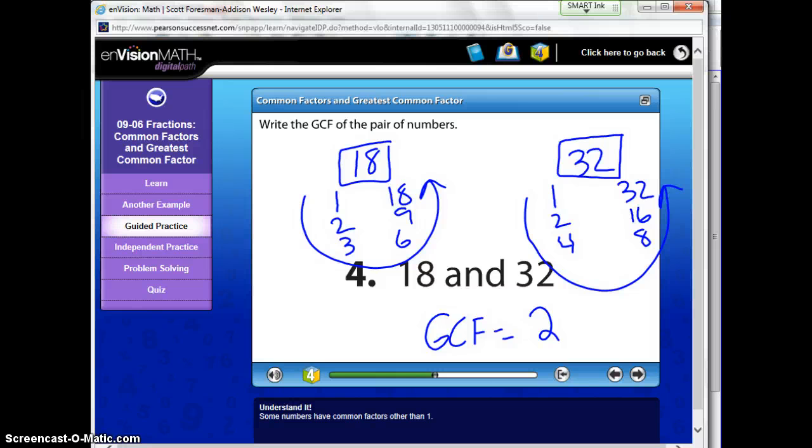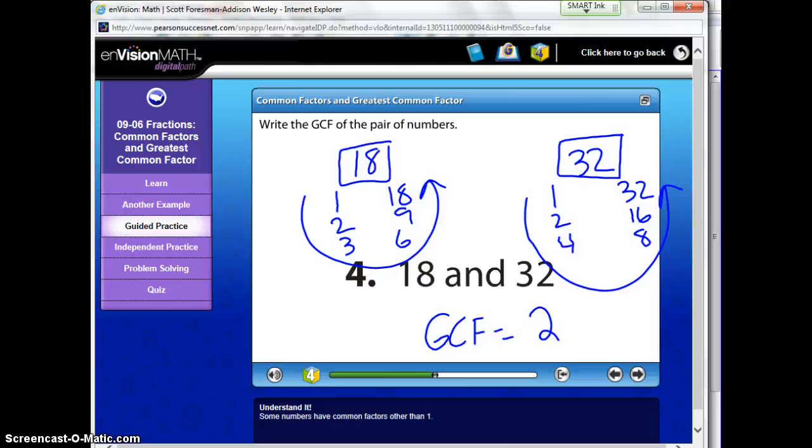Okay. Is it possible that 2 numbers could have a greatest common factor of 1? Yes. Give me 2 numbers that would have a greatest common factor of 1. 1 and 7. Okay, well, okay. 2 and 7, okay. I just didn't like the number 1 so well.